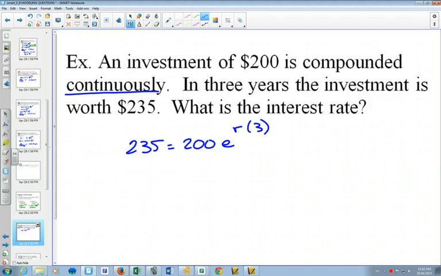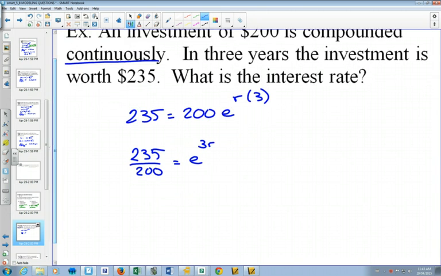So again, we can divide both sides by 200 to start with if we like. And in this case, using the natural log, it will work if you use log or natural log, but using the natural log on both sides will be even nicer because we're dealing with e in the equation.